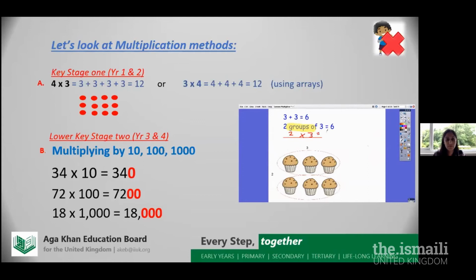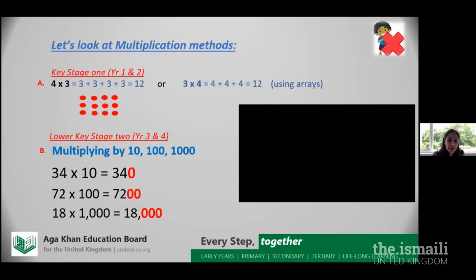So I've got 2 times 3 equals 6. And I can also say 2 multiplied by 3 equals 6. If I really wanted to challenge myself, I could also think about how else I could write that number sentence. Does anyone have any ideas?